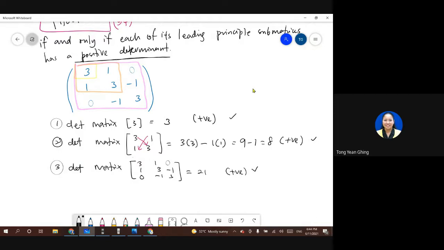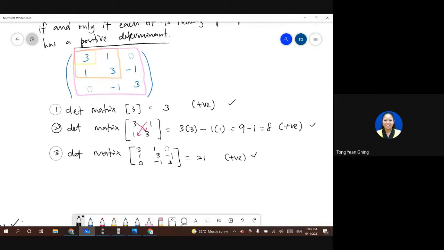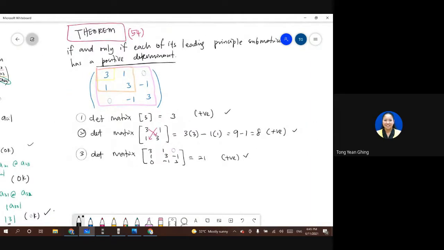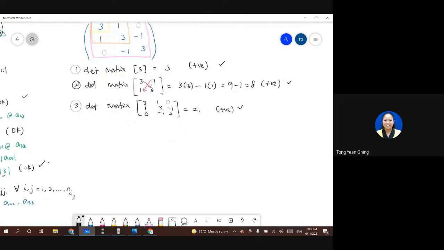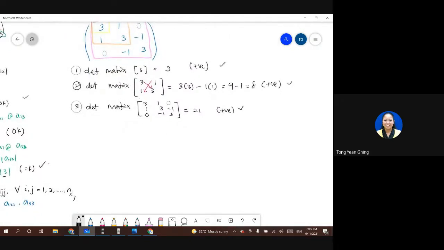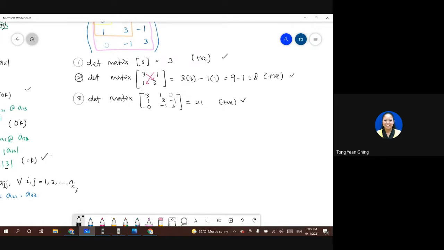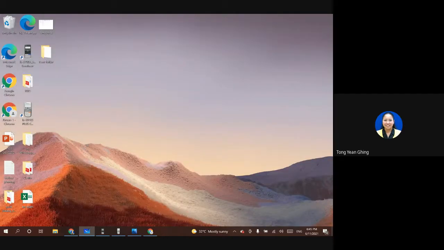Another very simple way to determine whether a matrix is symmetric positive definite or not is like this. Back to this matrix, from this diagonal line we do the mirror image.